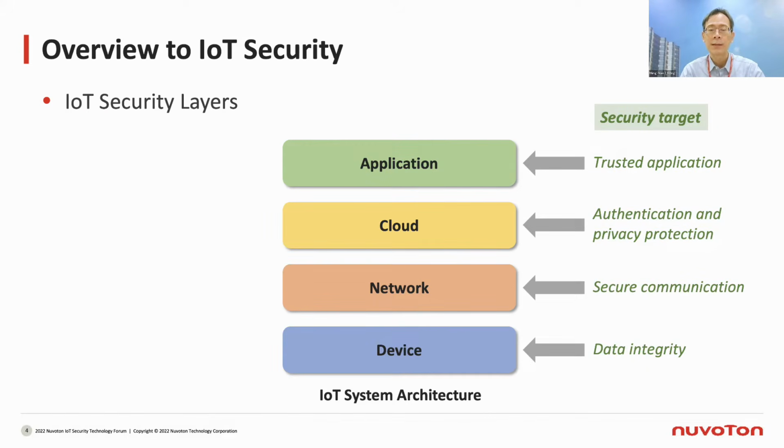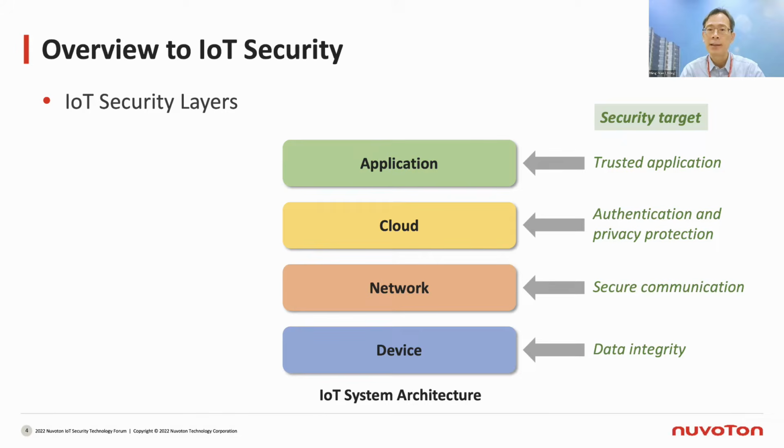The IoT system can be divided into 4 layers according to the hardware requirements, implemented functions, etc. From bottom to top, they are the device layer, network layer, cloud layer, and the application layer. Each layer has its own security targets that need to be achieved.